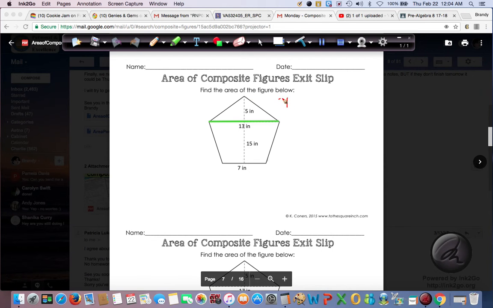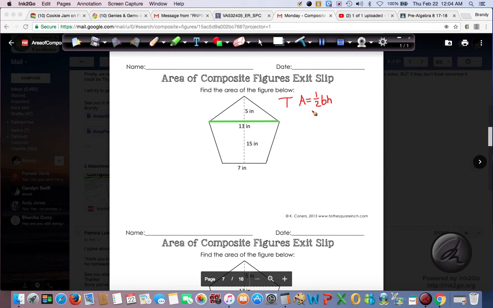So my triangle, I put a T for triangle because that's the work I'm going to do. My formula is 1/2 times the base times the height. Now I know you might not want to write the formula over and over again, but the more you write it, the better you're going to understand it, and it'll be easier to use on a test or a worksheet.